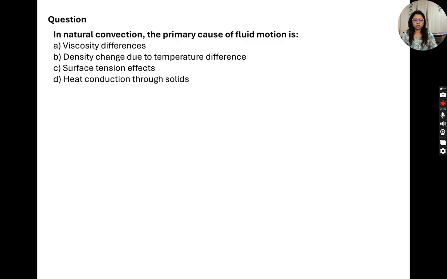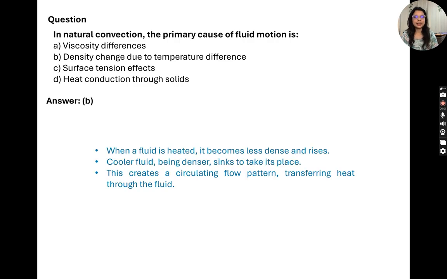The answer is B, density change due to temperature difference. What we read is just the cyclic movement of fluids. When a fluid is heated, it becomes less dense and rises, and cooler fluid, being denser, sinks to take its place. This creates a circulating flow pattern, transferring heat through the fluid.